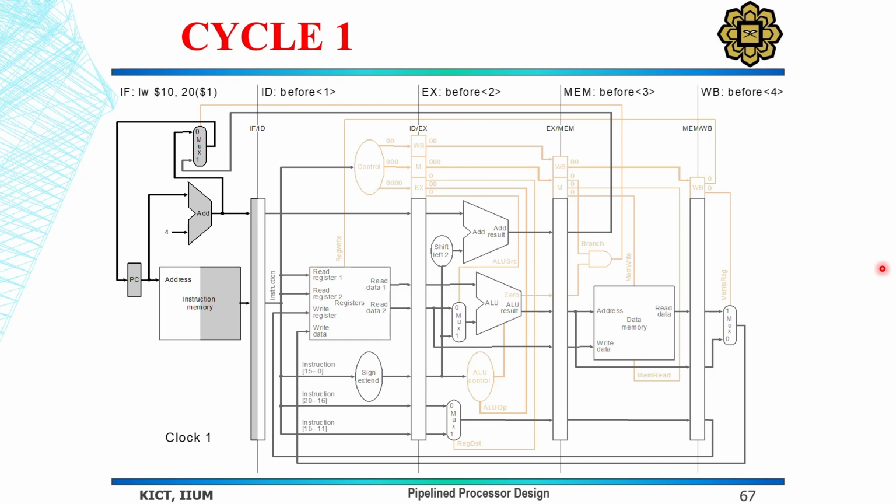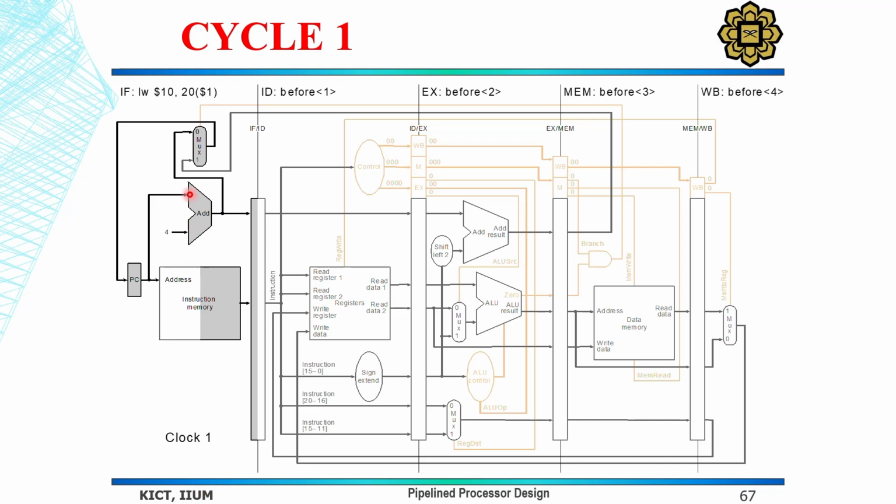Viewers, we will now start the processing of these instructions. So what will happen in cycle one? This slide shows cycle one of our pipeline execution. We are tracing the first instruction, which is load word, and it is in the first stage, which is instruction fetch.